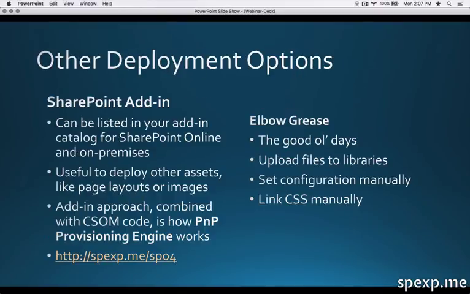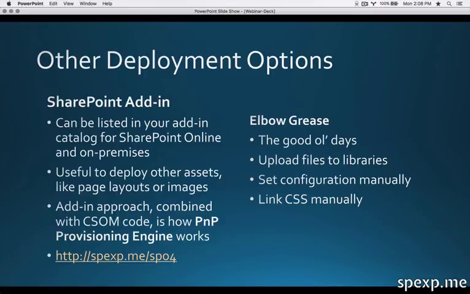Some other options that you have, so if, let's say you go through and you put in some page layouts like we discussed, maybe you've got some images and things like that you want to put in, and you've decided that you've got multiple sites and you want to make these changes available to your multiple sites. So you can actually deploy a custom add-in to your organization's add-in catalog inside of SharePoint Online and on premises.